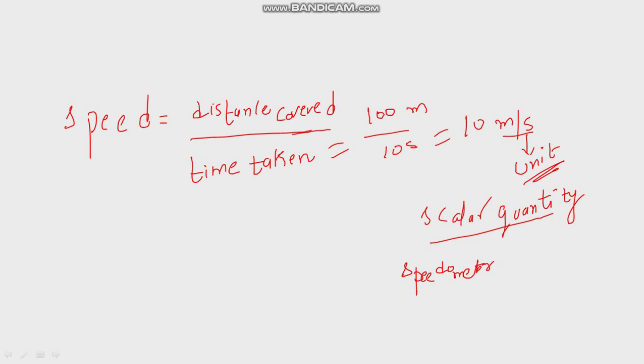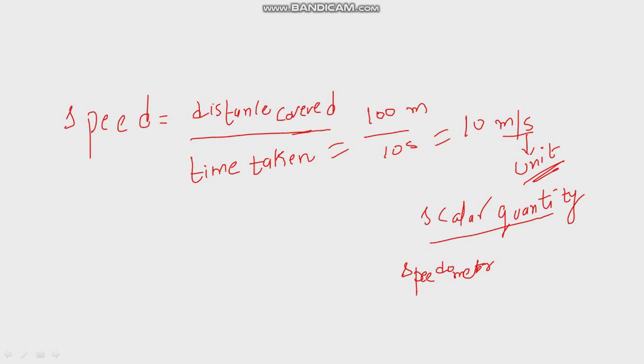These three things you need to consider: the SI unit is meter per second, it is a scalar quantity, and the speed is measured with a speedometer. It is given in your Activa, bike, car, everything, in front when you are driving. The box where you can see the deflection, that is your speedometer.